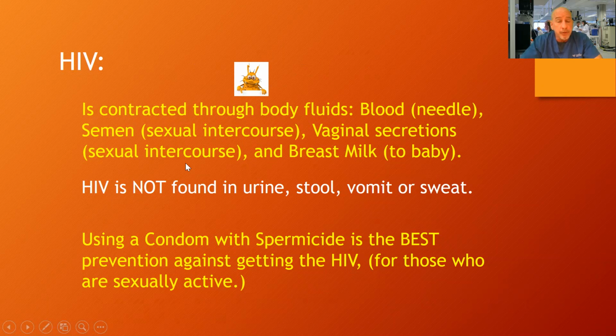Vaginal secretions, so the female can spread it to a male in that fashion, and breast milk, which is the HIV positive mother spreading it to the baby. This is really a sad situation, as in epidemic areas in Africa, we have a lot of babies being born with HIV, which is really sad. You cannot get it from urine, stool, vomit, or sweat.